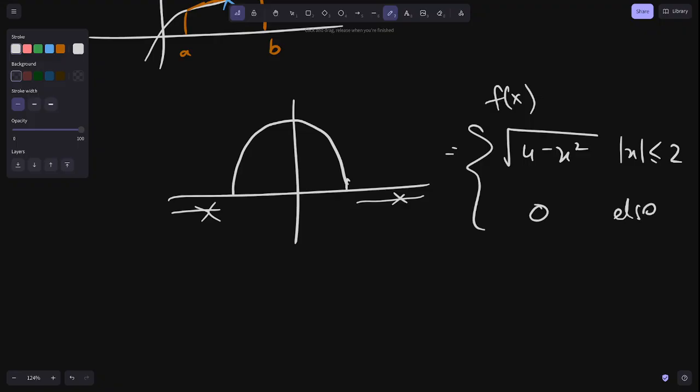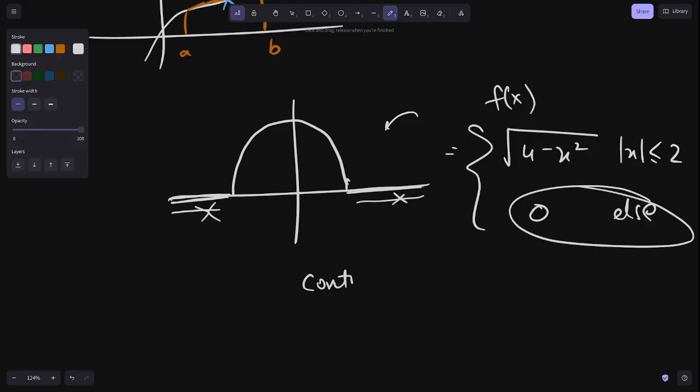So what will happen, this will be continuous. See, this value will be 0 here. So this becomes continuous if I add this condition. So this thing is called a continuous extension. So yeah, this is the only thing you need to know about continuity. There is nothing else you need to know about continuity. This is all about continuity.